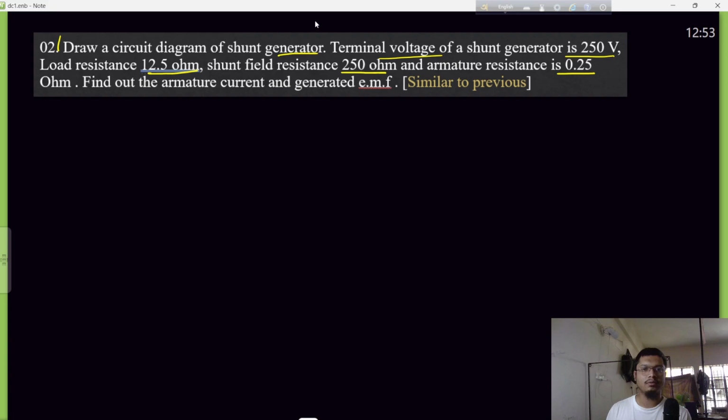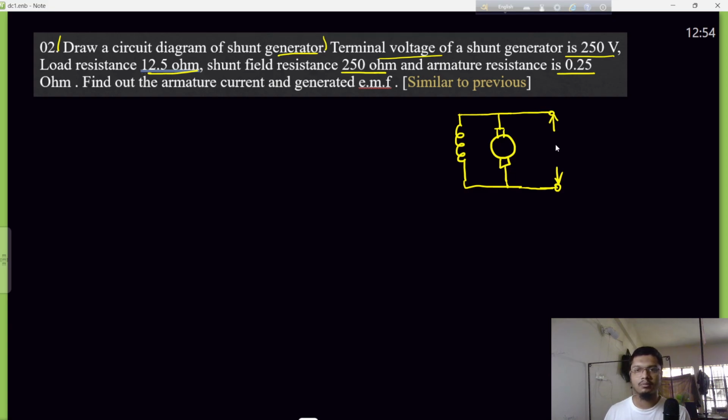So let's try the first portion. Draw a circuit diagram of a shunt generator. Let's draw. As you can see, in the DC shunt generator, the field winding will be in parallel with respect to the armature coil.